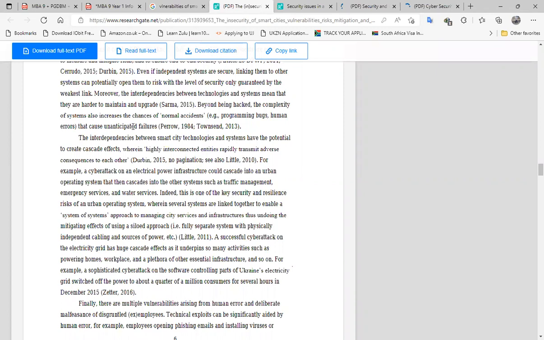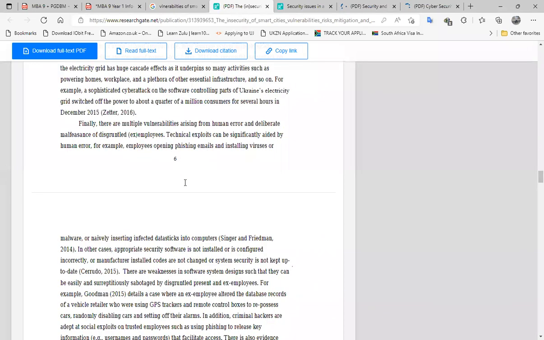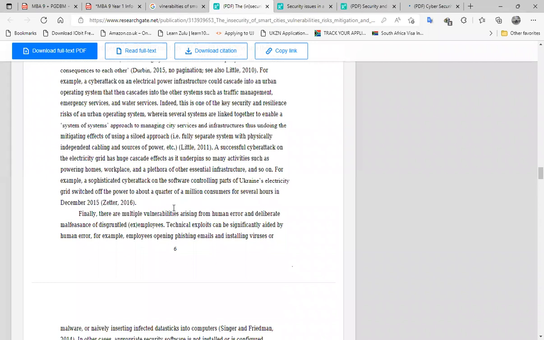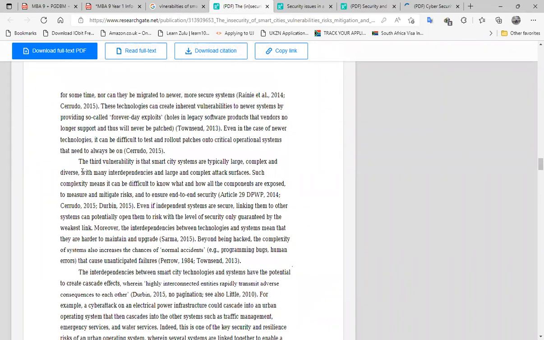It is off because now they are talking at a much more complex level. They're no longer talking about the vulnerabilities due to connecting to the internet. For example, here they're saying the third vulnerability is that smart city systems are typically large and complex, with interfaces with many developers.